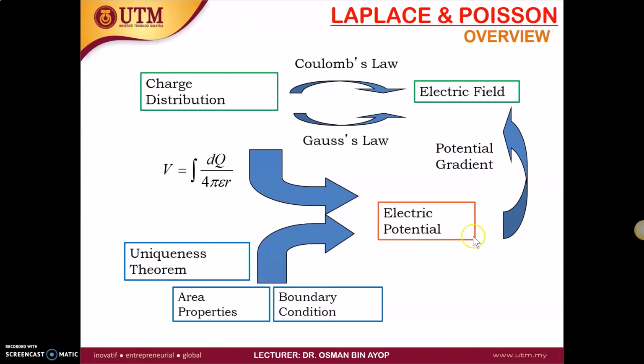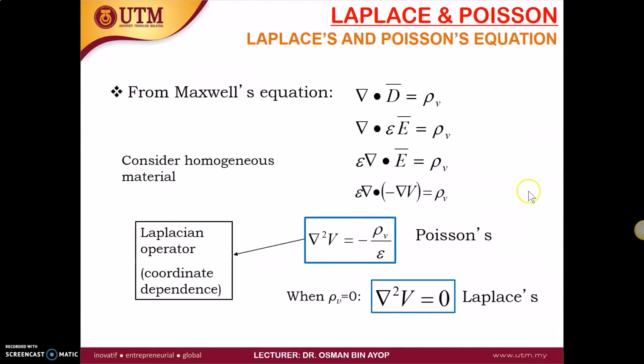But in this chapter, we will first find the electric potential by using the uniqueness theorems, and then the boundary conditions, and we have the area properties where we want to do the analysis. This is one of the most important things in these chapters.